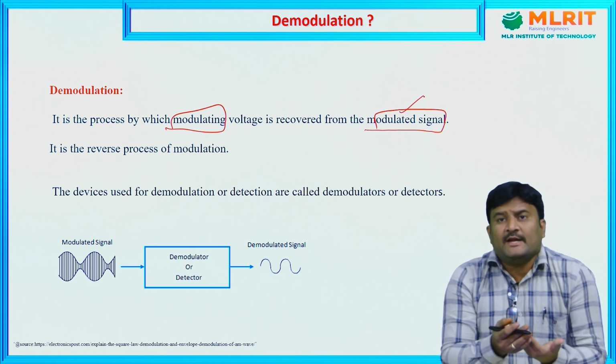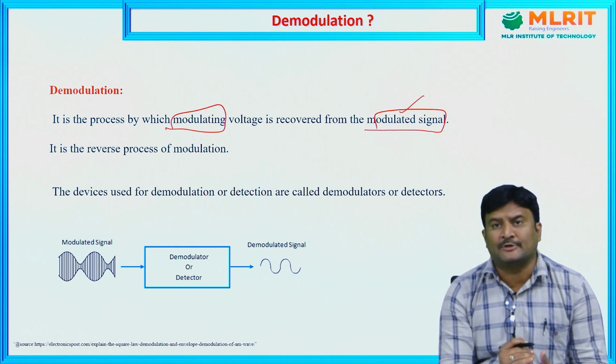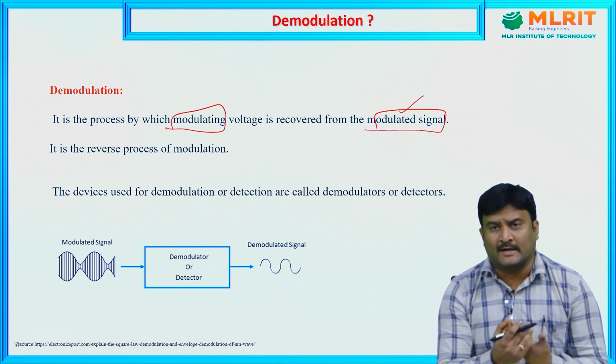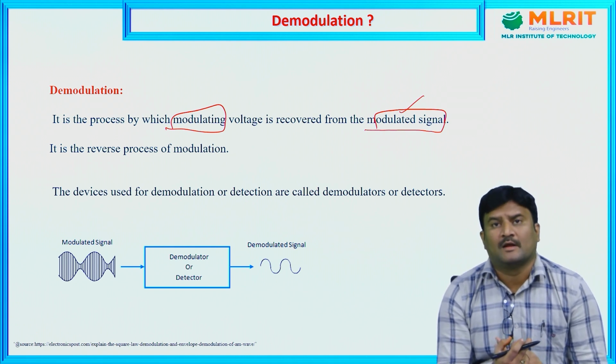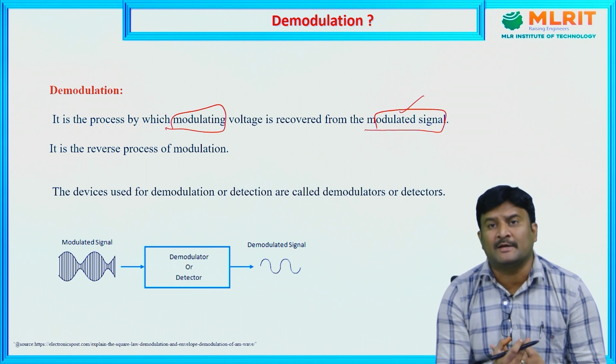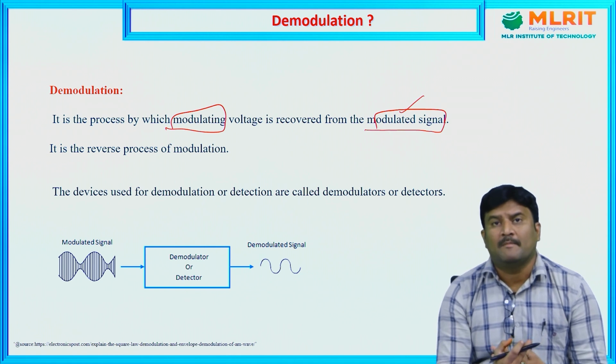If you take any demodulation technique, not only amplitude demodulation, but also FM demodulator and PM demodulator, the input to the demodulation is the output of the modulation. That signal is given to the input of the demodulator. But what is the output?